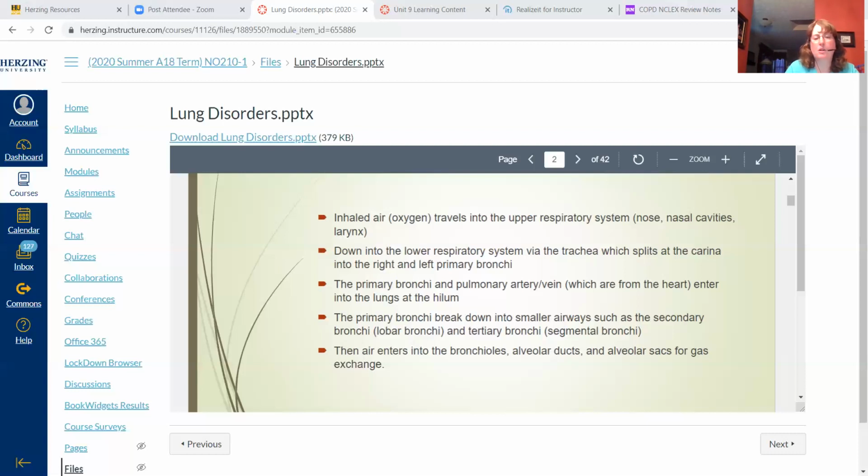And then at the bottom here, I mentioned leukotriene modifiers. This is, I'm trying to think of the name of this. Let me see if I have it written down. Singulair.